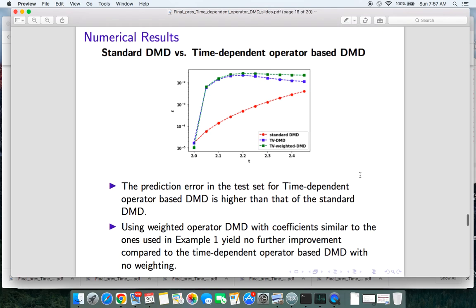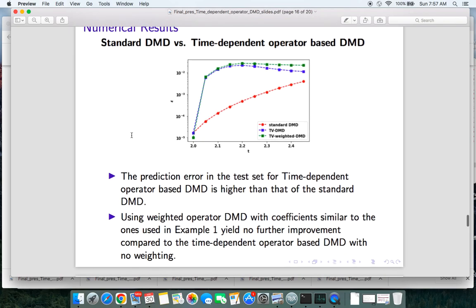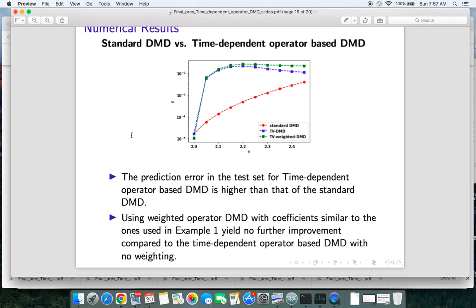On this slide, we compare standard DMD against time-dependent operator-based DMD. From the plot, we can see that the prediction error in the test set for time-dependent operator-based DMD is higher than that of the standard DMD.